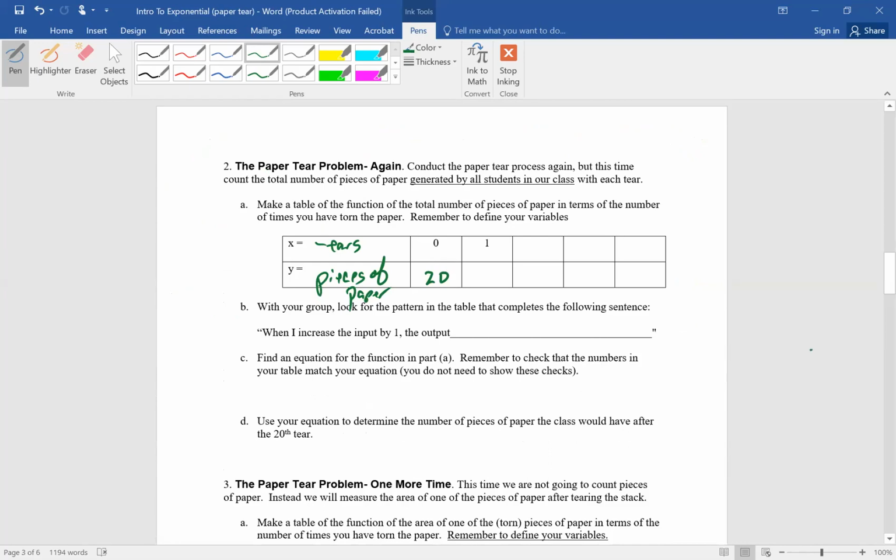So if you had 20 pieces of paper, and again, we're starting all over. We already know we're going to have an exponential function. Remember, a is the initial value, or I call it the IV. And the b is going to be called the growth factor or the decay factor. I always think of, remember, y equals mx plus b.